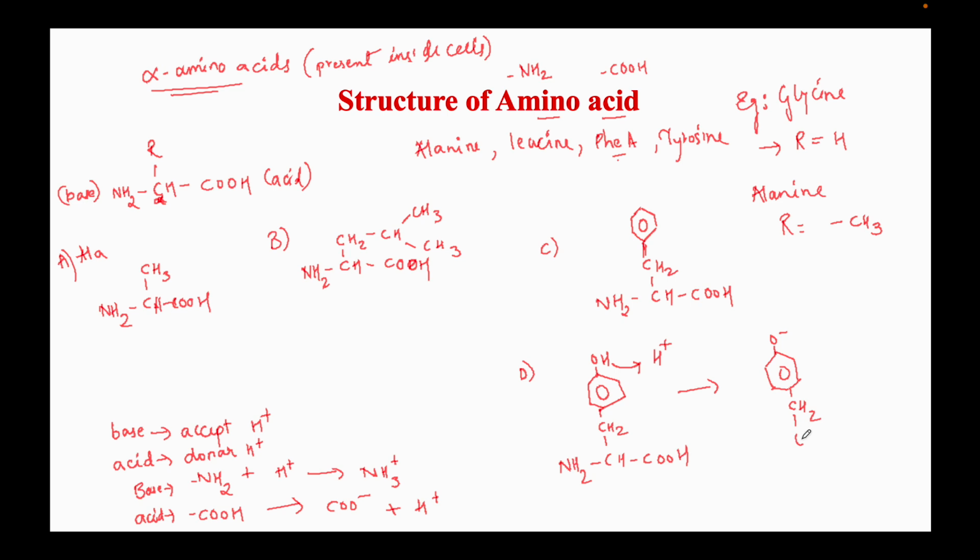If you remember the previous lectures, at a particular pH, this proton will be donated. At a pH around 8 to 9, this proton will be abstracted and we will get O minus.